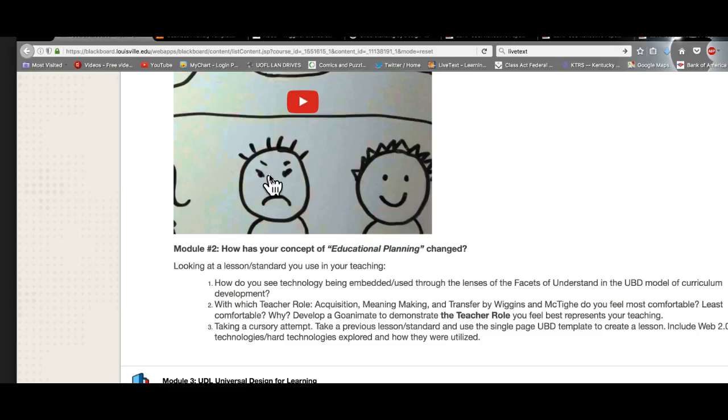So, with which teacher role, acquisition, meaning making, and transfer by Wiggins and McTighe do you feel the most comfortable? The least comfortable? Why? Develop a GoAnimate to demonstrate the teacher role you feel best represents your teaching.